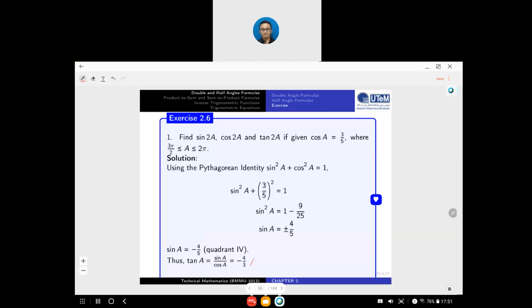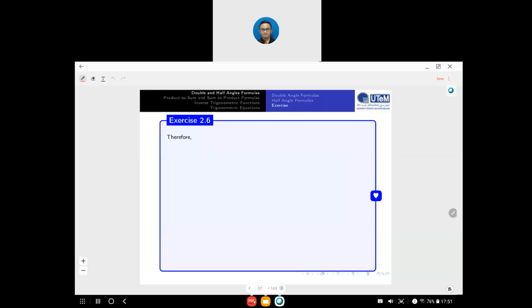Since we already have the cos, sine, and tangent, so now we can find what is sine 2A, cos 2A, and tangent 2A. First, find that sine 2A. Sine 2A equal to 2 sine A cos A. So this one equal to negative 24 over 25. Yang ni awak substitute je ni. Value semua dah dapat.